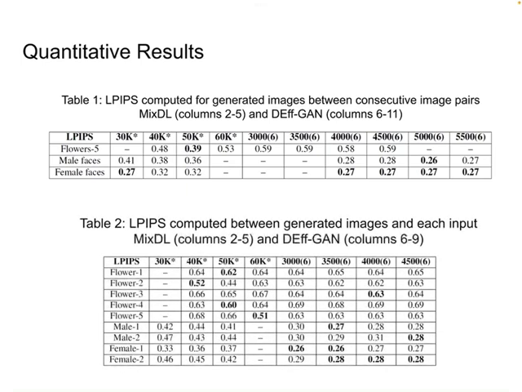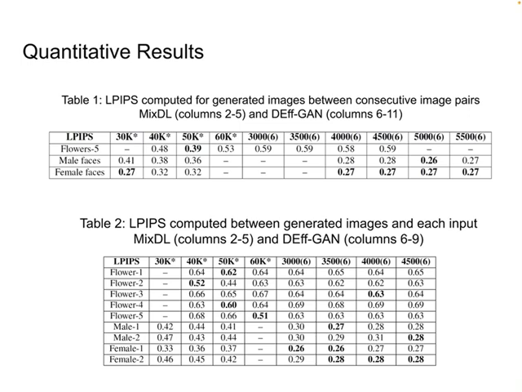Similarly, the LPIPS metric was computed between each input image and generated images for the set of 5 images and 2 images and compared in table 1 for MixDL in columns 2 to 5 and for our method in columns 6 to 9. The reason for lower metric values in some tasks is due to training limited to only 6 stages and lower iterations.